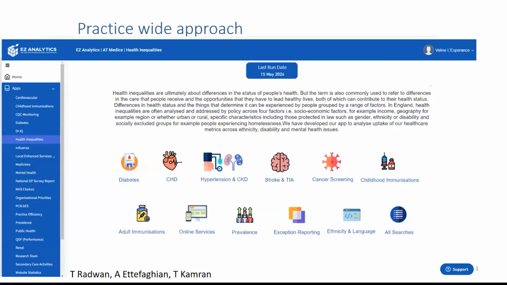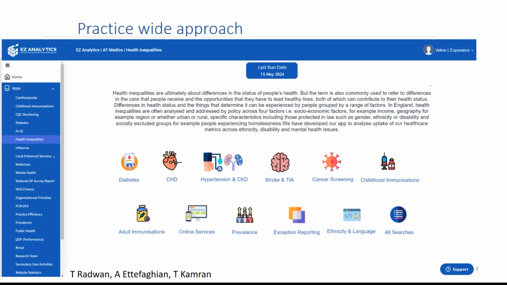So when you click on the dashboard, this is what you get. And these were the areas that were raised as major concern. No one said, these are what you should focus on. Locally, these are things that came up that we thought we need to focus on: diabetes, heart disease, hypertension, chronic kidney disease, strokes, TIAs, cancer screening, very important, childhood immunizations, adult immunizations.